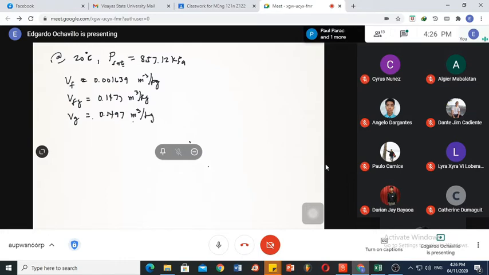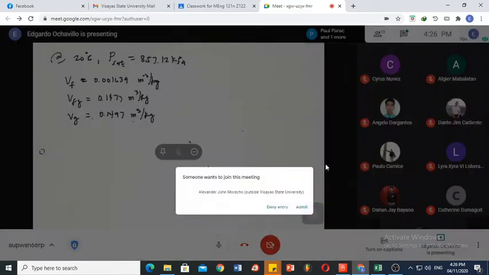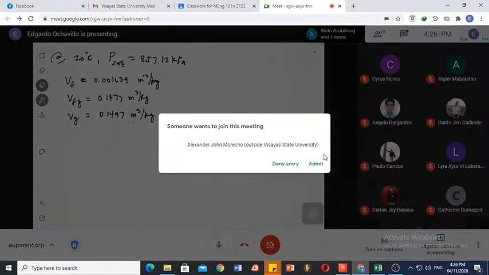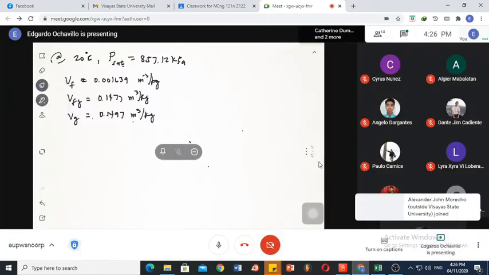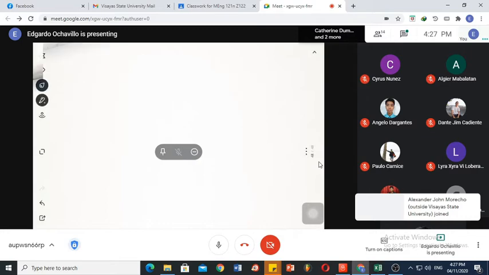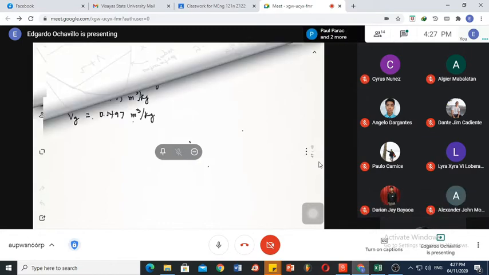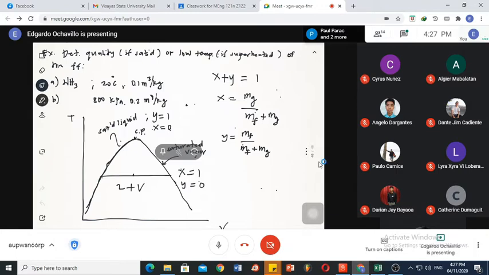Okay, so the problem states that we will determine if it is saturated or if it is superheated. So going back to our diagram, this region here, beyond this line, is your superheated region, right?